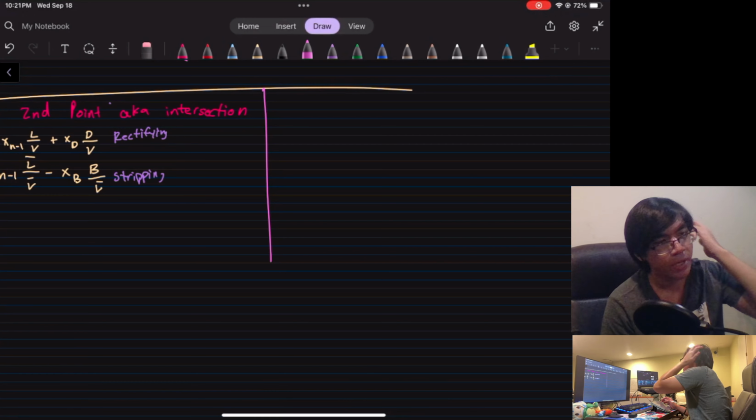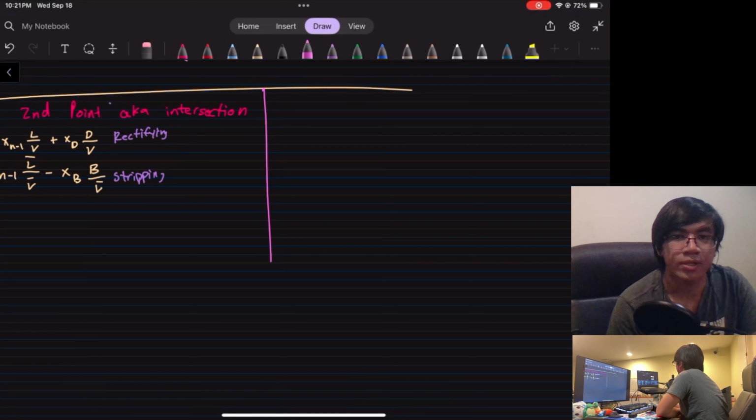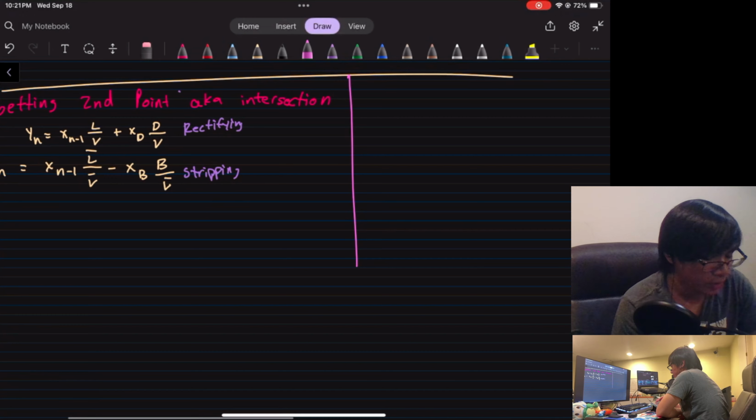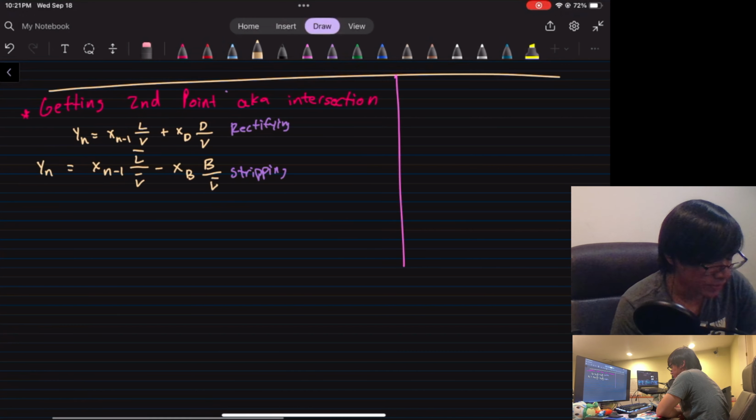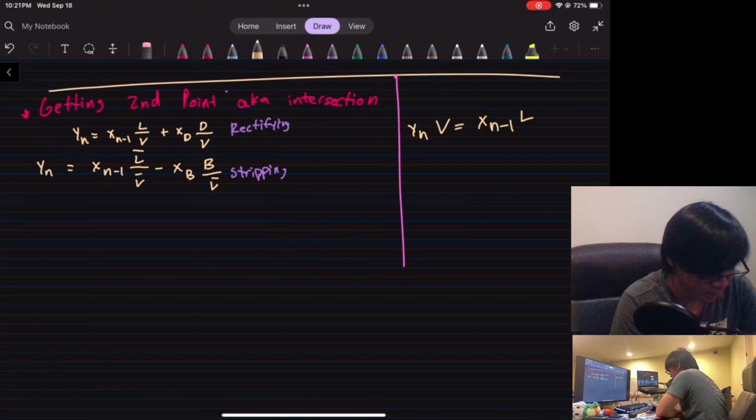Using those two mass balances, we'll be able to get the line for the Q line, just by relating those in terms of Q. So what I'm going to do is copy these down, but keep the V's on both sides so you can see what this ends up becoming. See that? That's rectifying. This is our stripping. Kept the V bar.